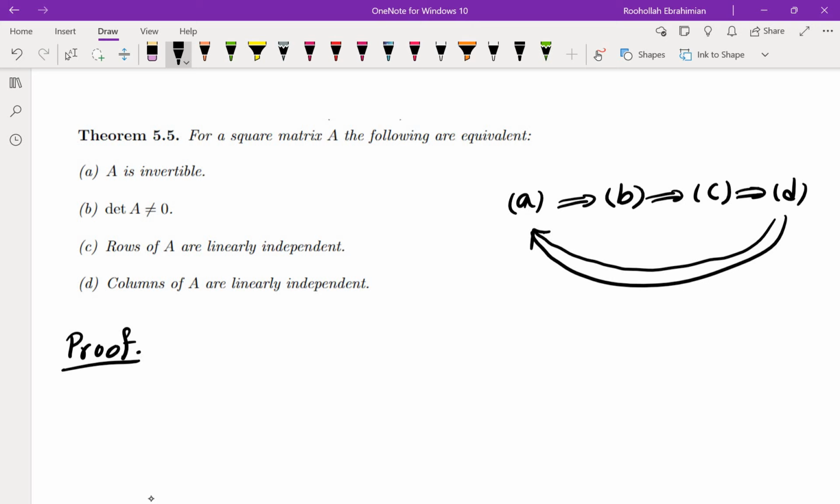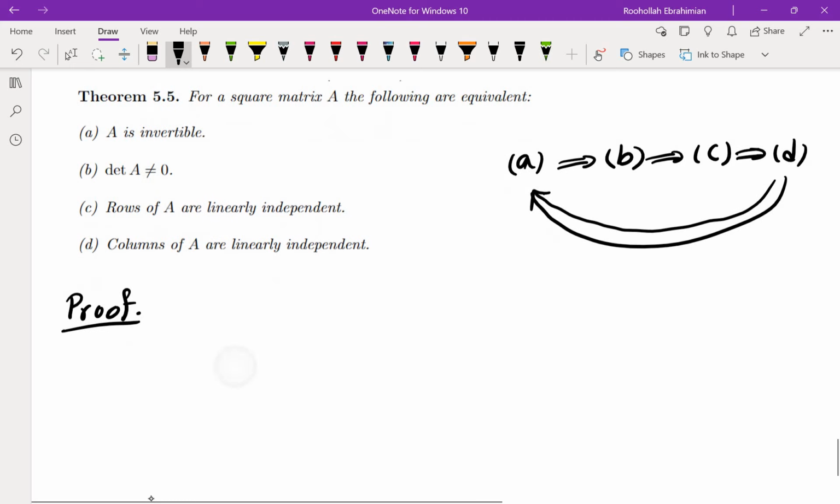It's not always possible, though. Sometimes you may have to show that two of them are equivalent more directly, but a cycle is usually the fastest way of doing that.